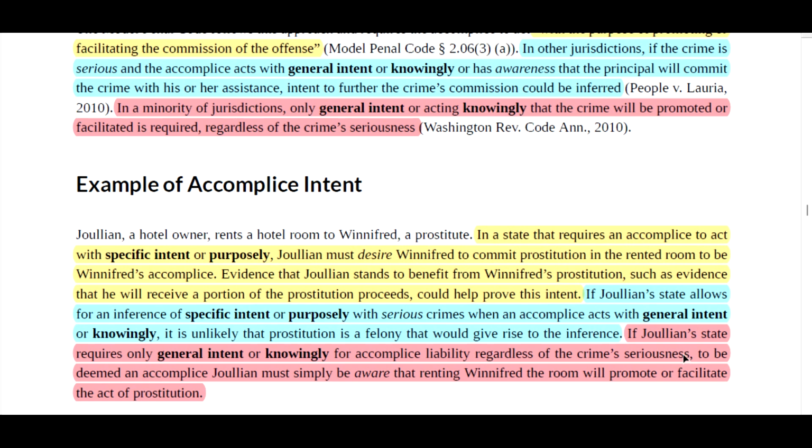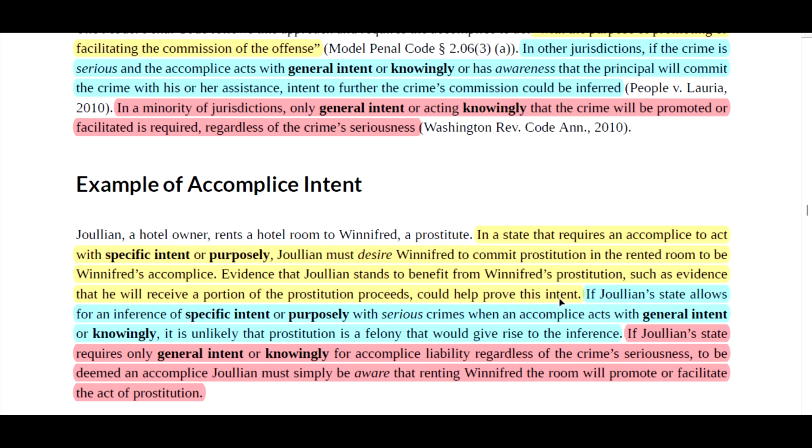But if Julian's state requires only general intent or knowingly for accomplice liability, regardless of the crime's seriousness, to be deemed an accomplice, Julian must simply be aware that renting Winifred the room will promote or facilitate the act of prostitution. So if he knows that Winifred is a prostitute, in a minority of jurisdictions where only this is required, he would be an accomplice.